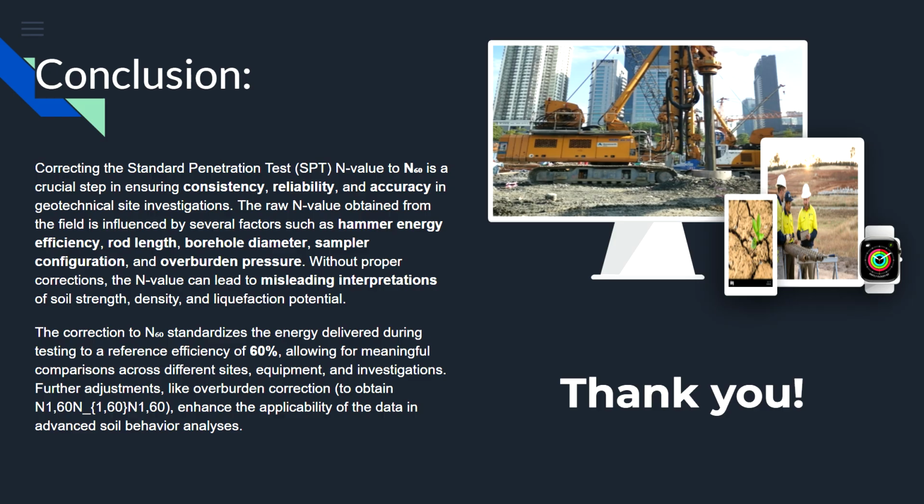Without proper corrections, the N value can lead to misleading interpretations of soil strength, density, and liquefaction potential. The correction to N60 standardizes the energy delivered during testing to a reference efficiency of 60%, allowing for meaningful comparisons across different sites, equipment, and investigations.